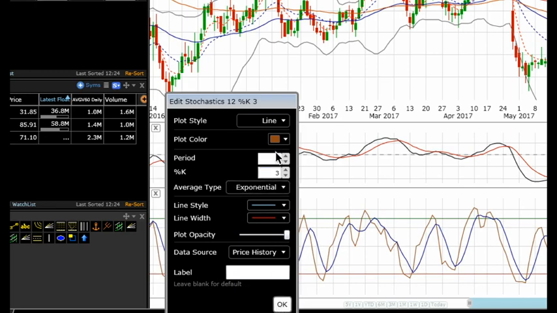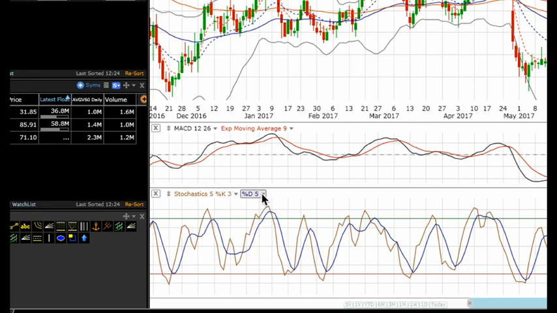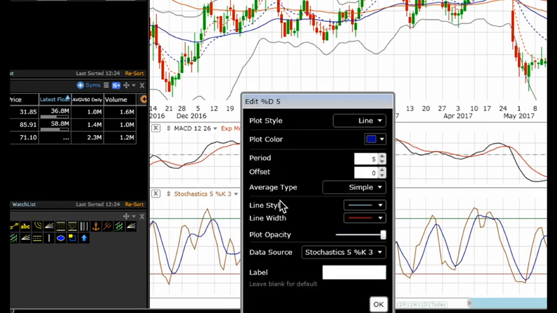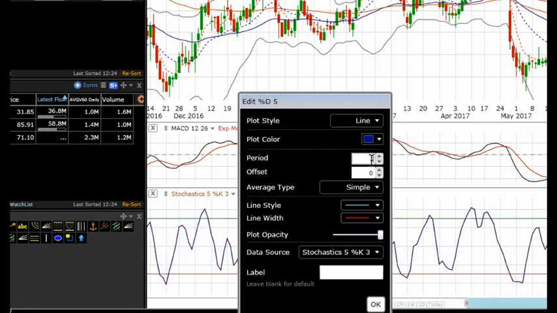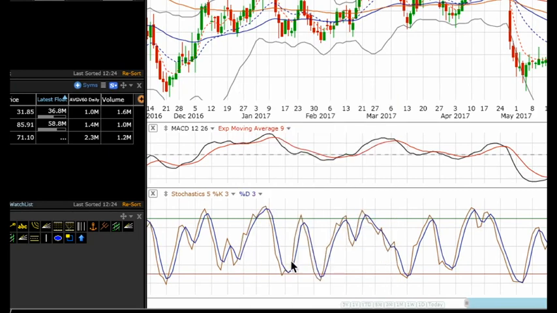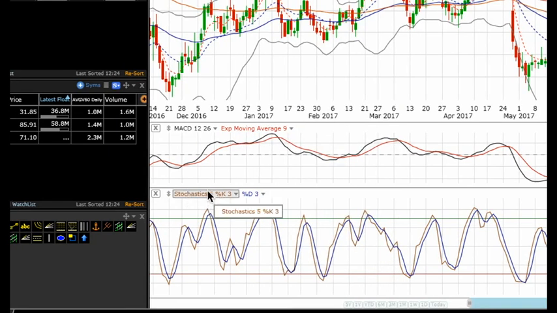Exponential. Period 5, percentage K3, and percentage D, I will change it to 3 as well. There we go, right? So it's 5, percentage K3, percentage D3, okay?